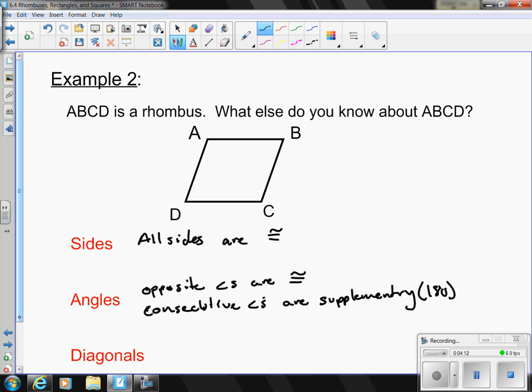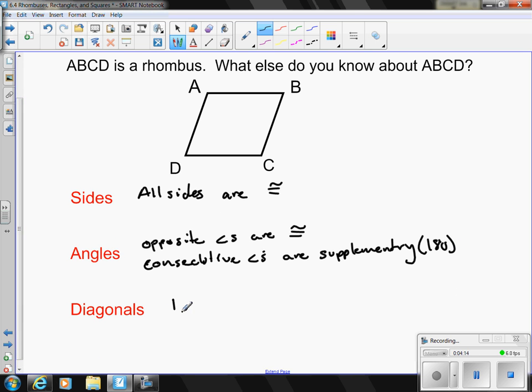We know the diagonals bisect each other. This is pretty much all because it's a parallelogram. Since it's a parallelogram, our opposite sides are also parallel. Okay, you know quite a bit.